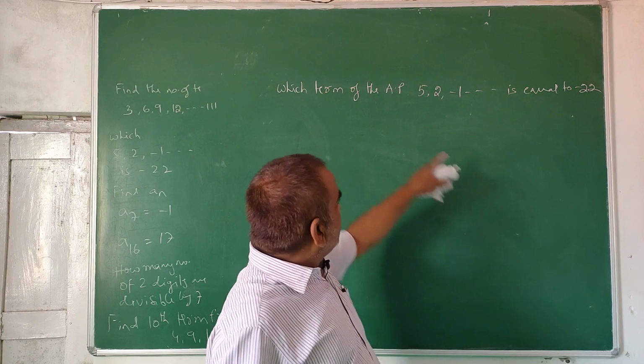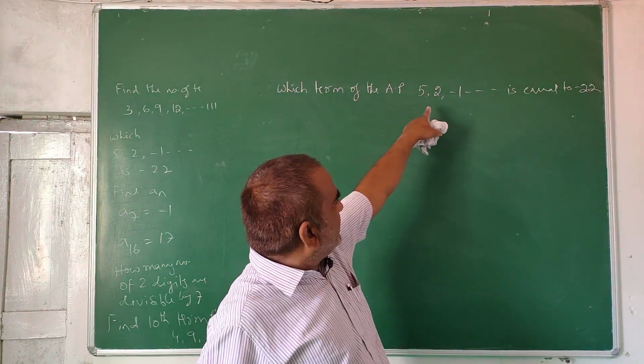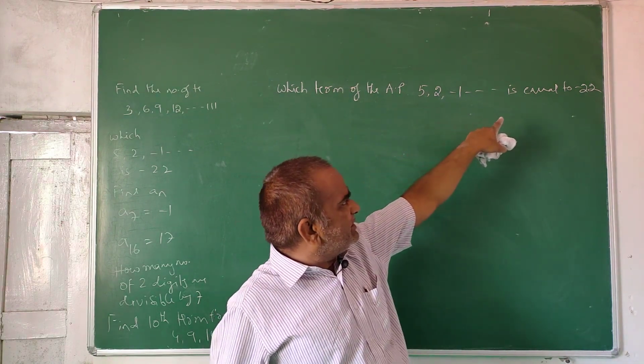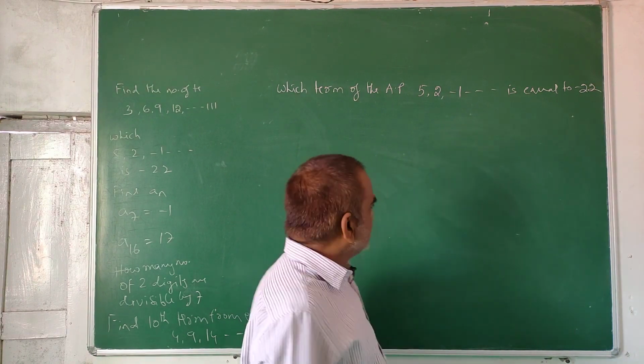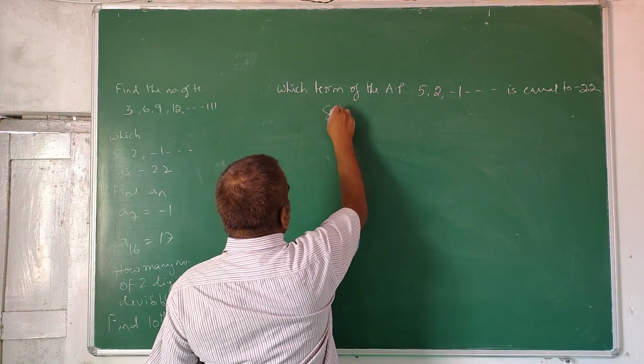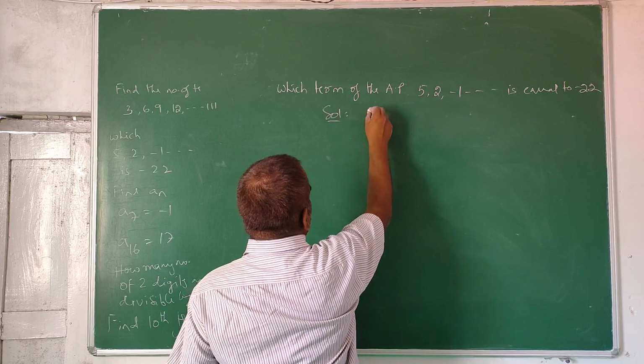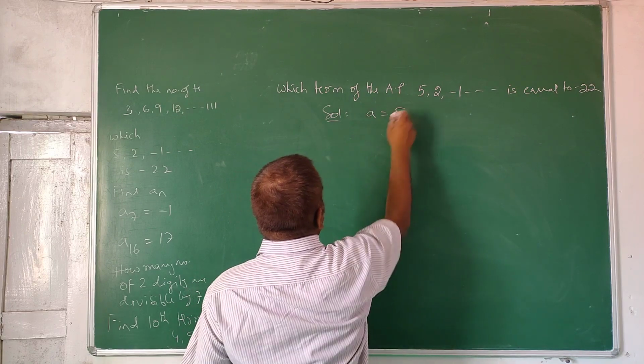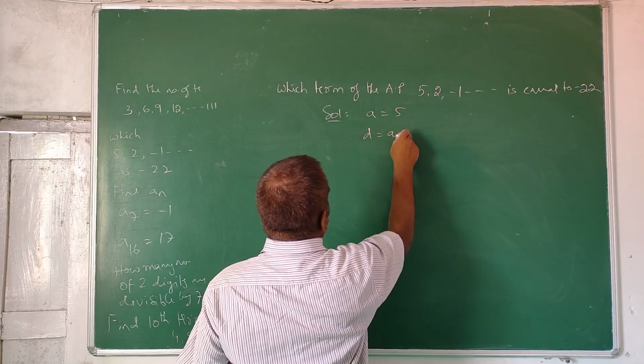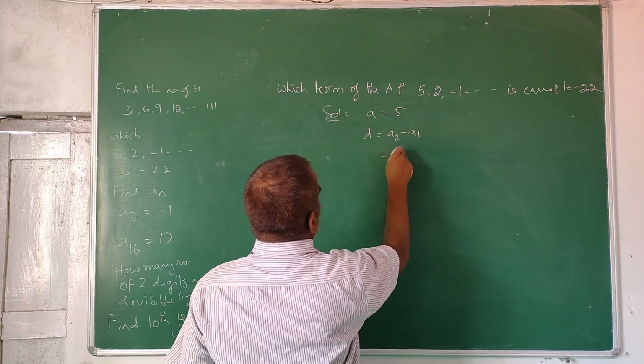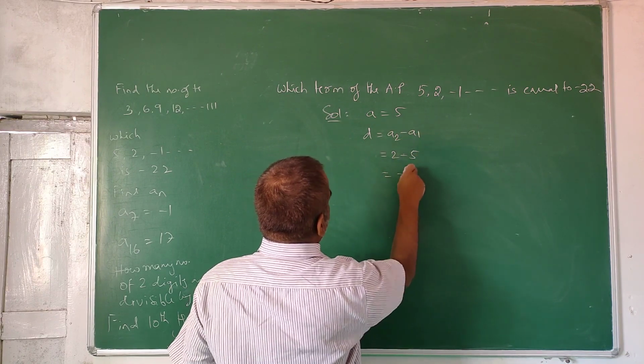So he is asking which term of the AP 5, 2, minus 1 is equal to minus 22. Solution. From the given AP, A is equal to 5 and D is equal to A2 minus A1, which is 2 minus 5, which is minus 3.